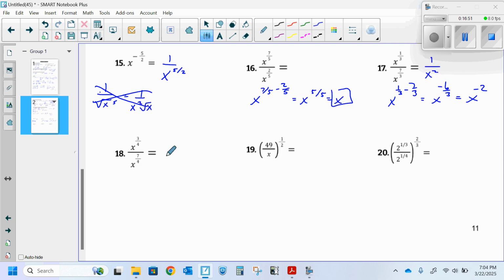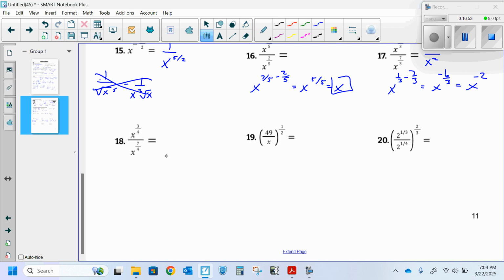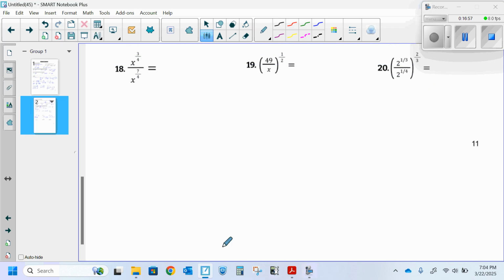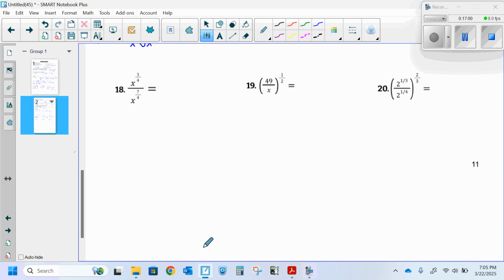No negative exponents in your final answers, please. Okay. All right, subtract your exponents again. 3/4 minus 7/4. X to the negative 4/4. 1 over x, because that's x to the negative 1.